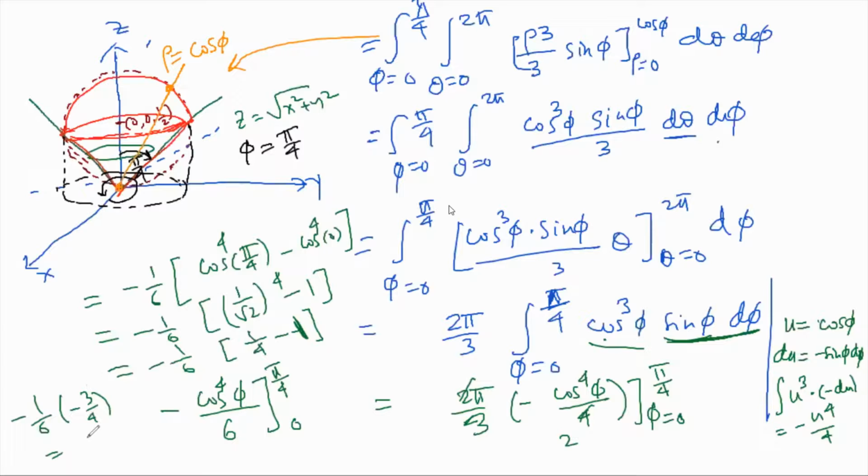Cancel out. Oh, we had pi somewhere. This is pi. So then it will be pi over 8. So we found the volume of this solid, which is below the sphere and above the cone, is pi over 8.